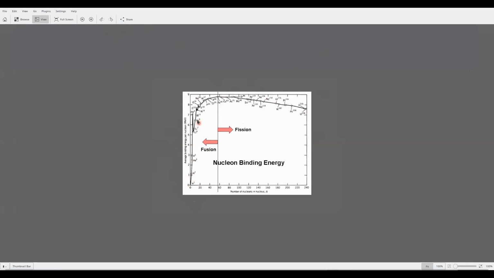You see it increasing, with little fluctuations, it is not perfect, arriving at the maximum for iron, which is the most stable. It is more or less 8.5 mega electron volts per nucleon, and then it decreases again.